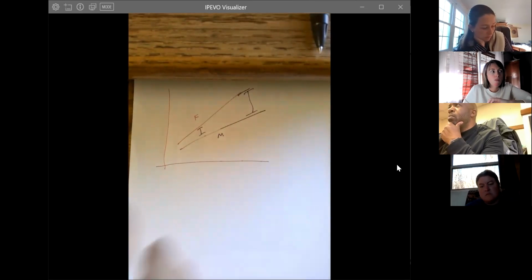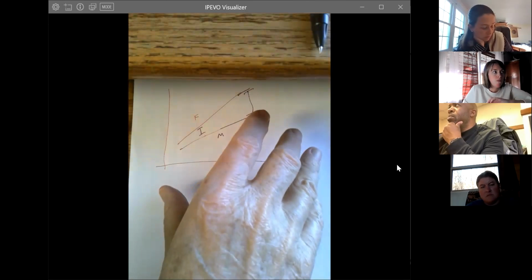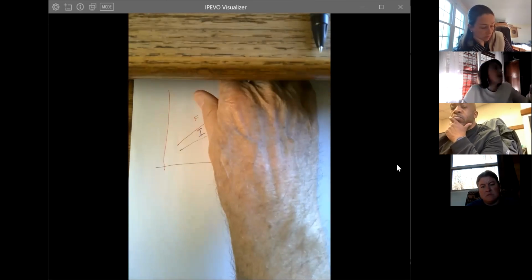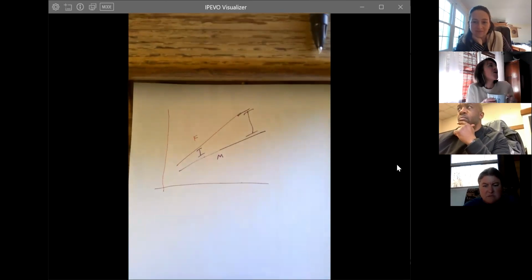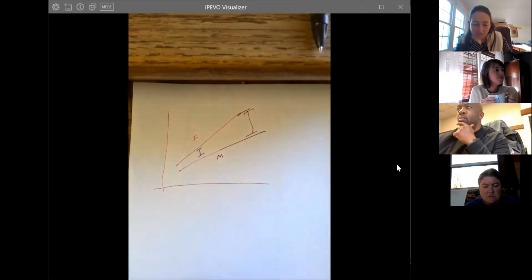Now, we don't actually do this to compute a t-test, but it's the same thing. It would turn out the same way.